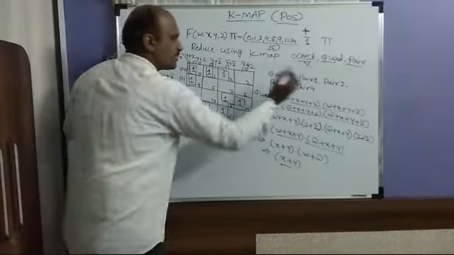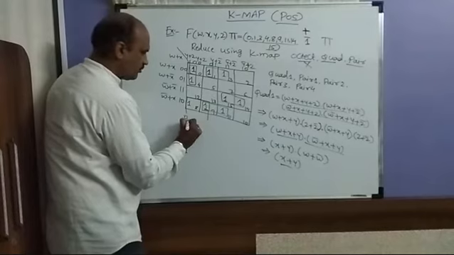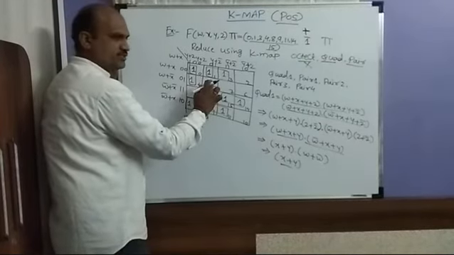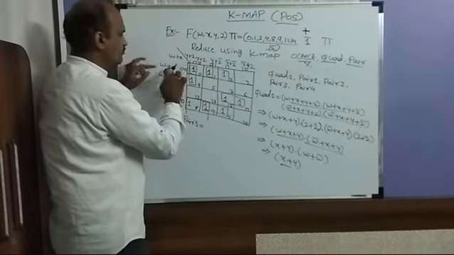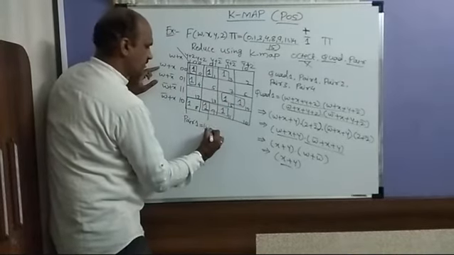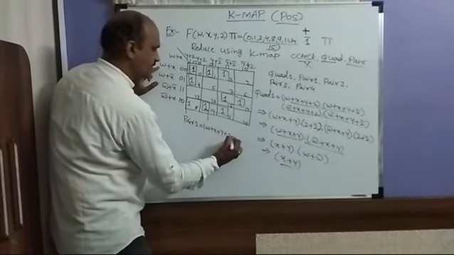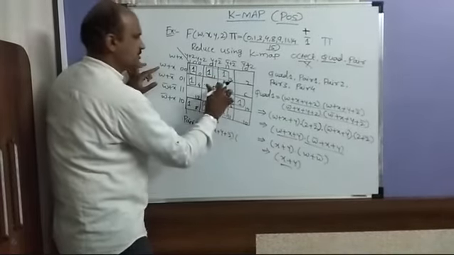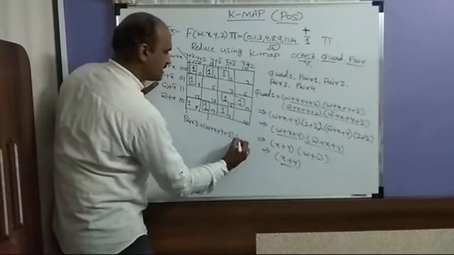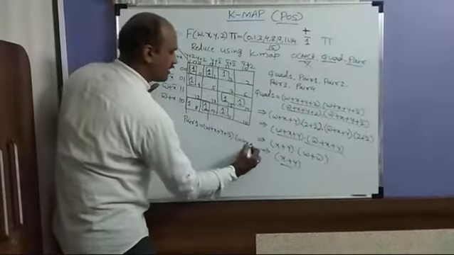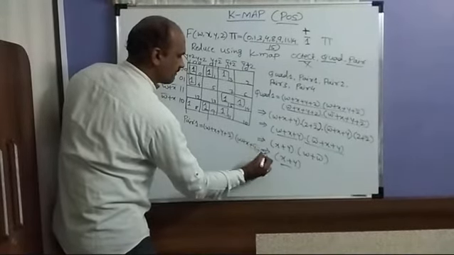Okay. When you go for the next one, pair 1. So when you go to the pair 1, we will take this one, 1 and 3. So here w plus x plus y plus z bar into 3, it is w plus x plus y bar plus z bar.